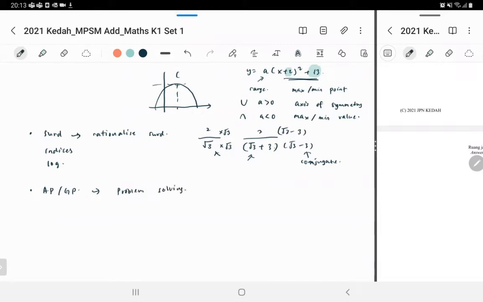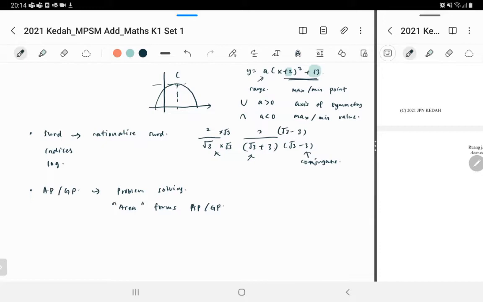The first thing you need to do is read the questions properly, and the question will certainly tell you what follows AP or GP. It will say the area forms AP or GP, or it will tell you the length of the circumference forms the AP or GP. So you need to read it properly.